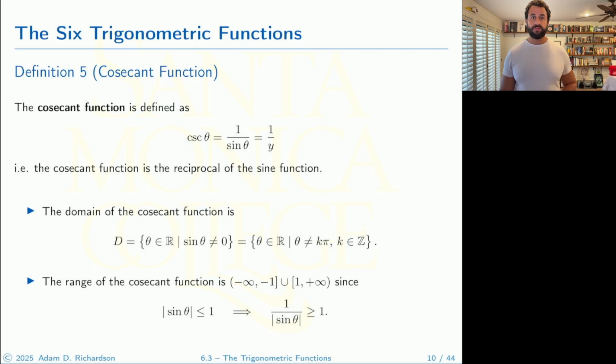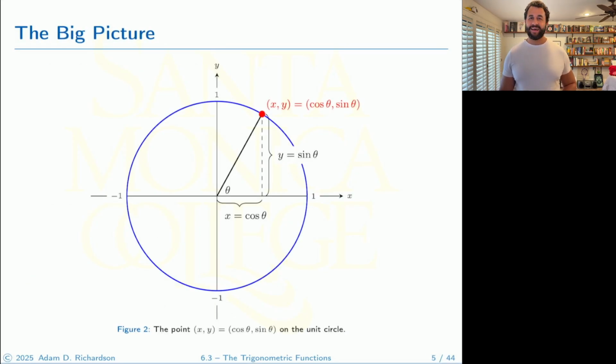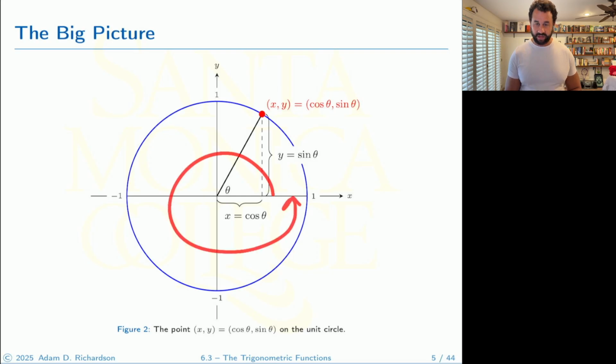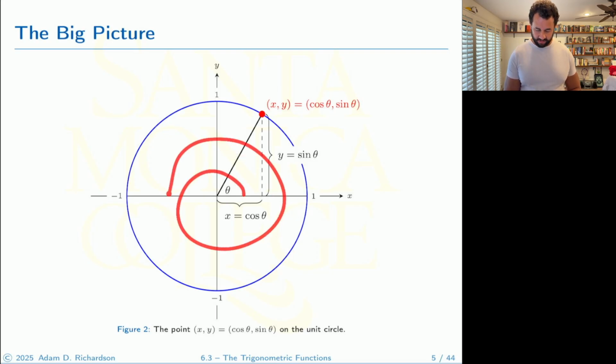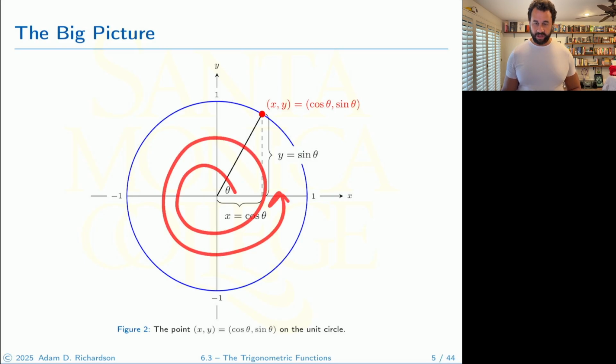Okay, so when is the vertical displacement equal to 0? Well, go back to that big picture. It's going to come back. I'm going to sound like a broken record very quickly here. When is the vertical displacement equal to 0? Right when we're facing this way, right? So it's at angle 0, it's at angle pi, it's at angle 2 pi, it's at angle 3 pi, it's at angle 4 pi.